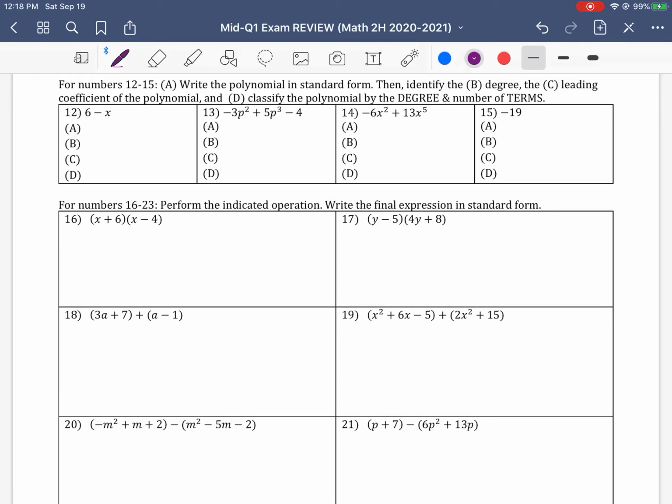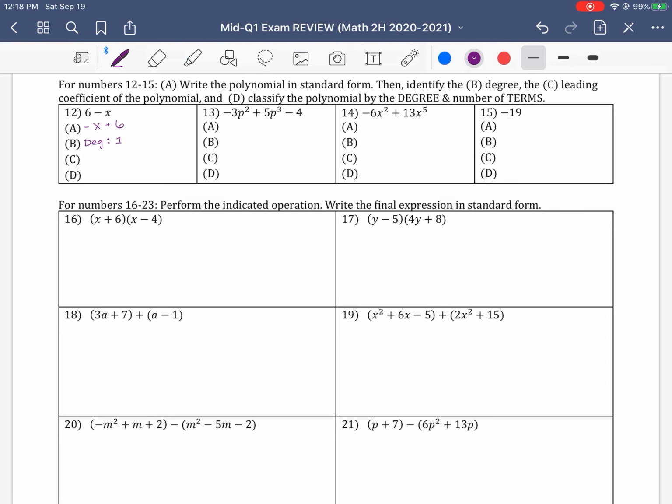Standard form again means that the term with the highest exponent gets to go first. So if we look at this first polynomial here, notice this one has a variable, even though we don't write that exponent, it has an exponent of 1. So the x value actually gets to go first, so negative x, and then the positive 6 will go second. Our degree there again is the highest exponent of the polynomial's terms, which is 1.